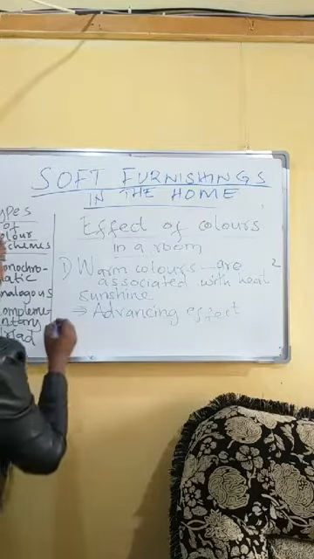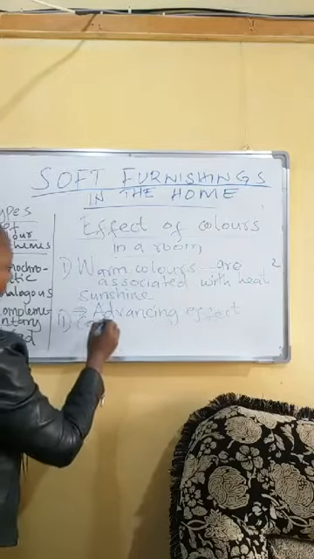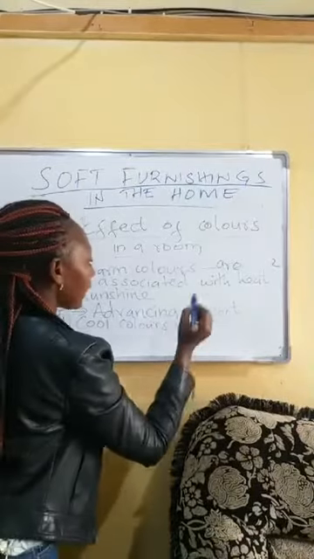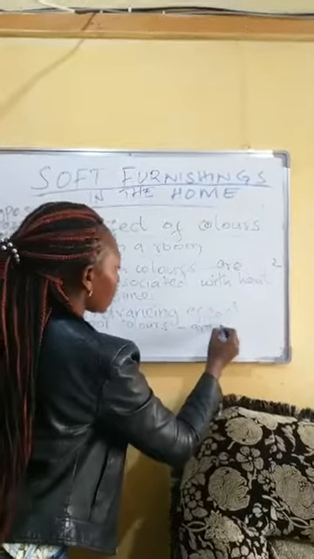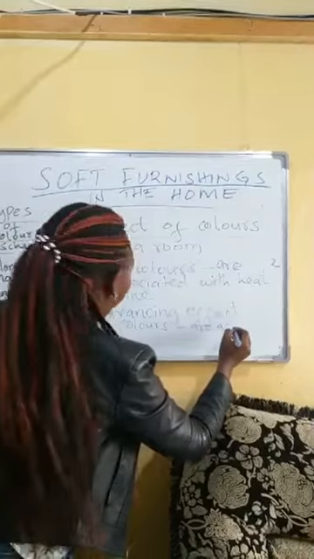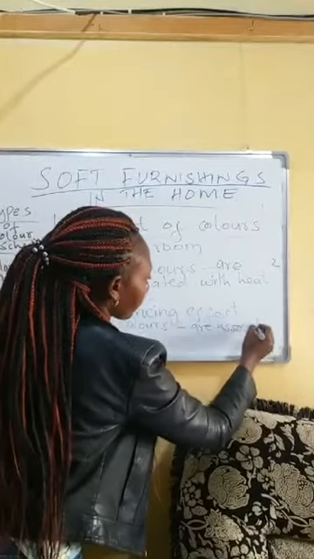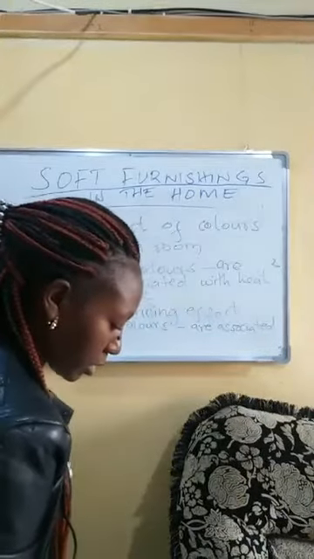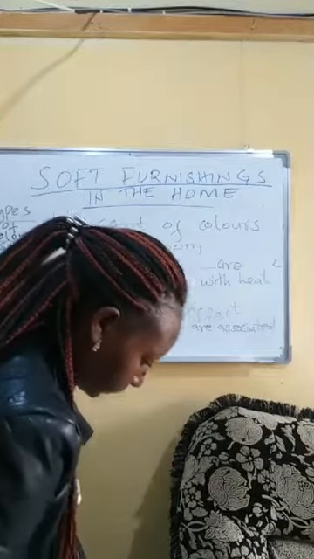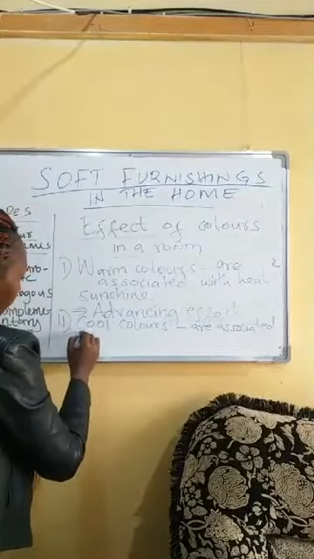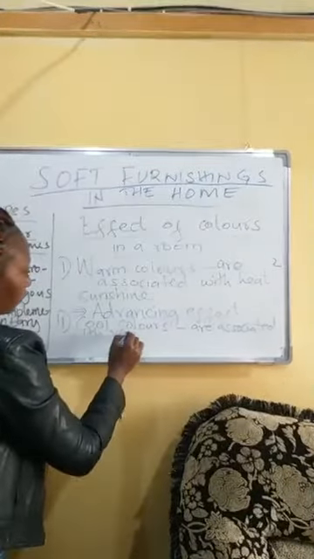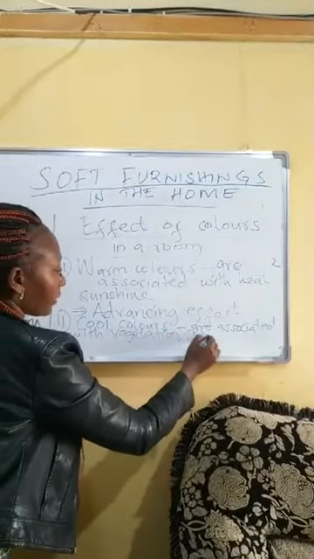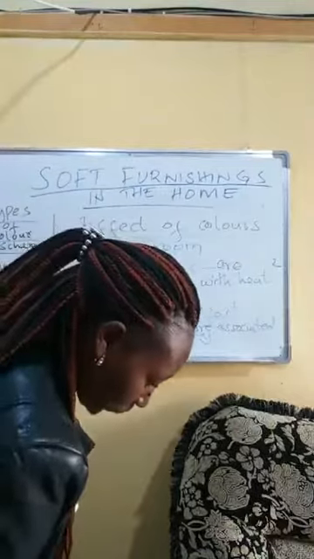Then we have cool colors. So cool colors are colors that tend to be associated with vegetation, the sky, and water.